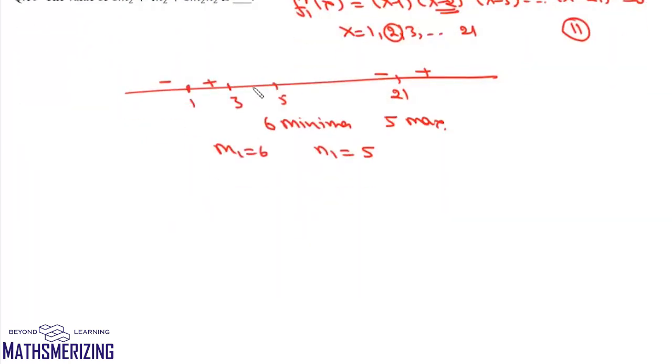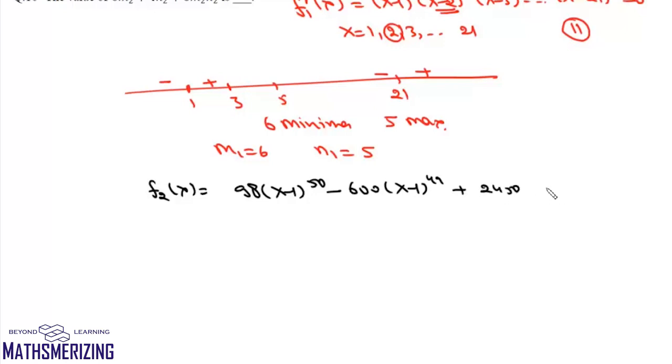Now we look at the second function, which is f2 x, and it is given by 98 into x minus 1 to the power 50 minus 600 into x minus 1 to the power 49 plus 2450, where x is greater than 0.